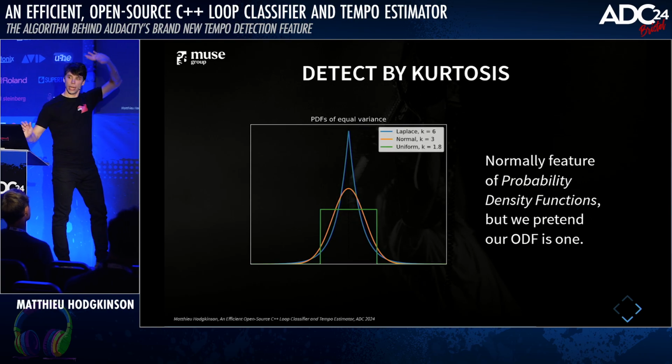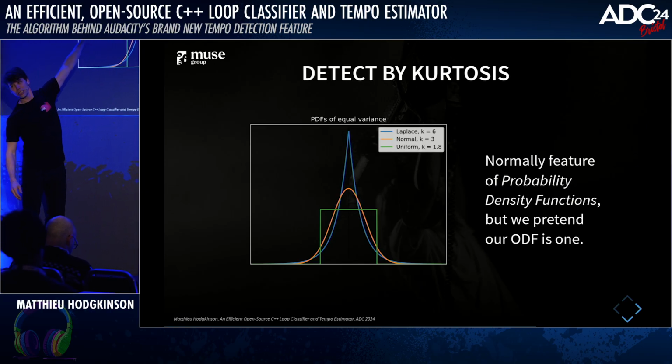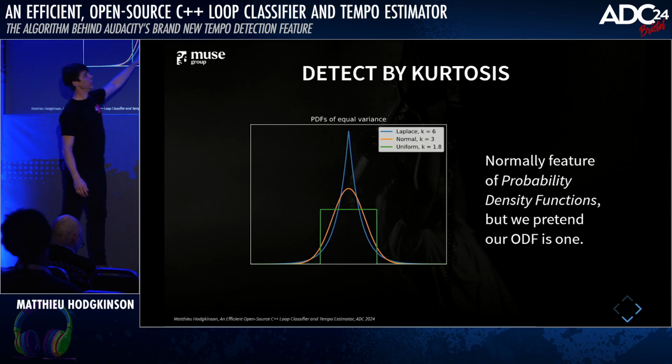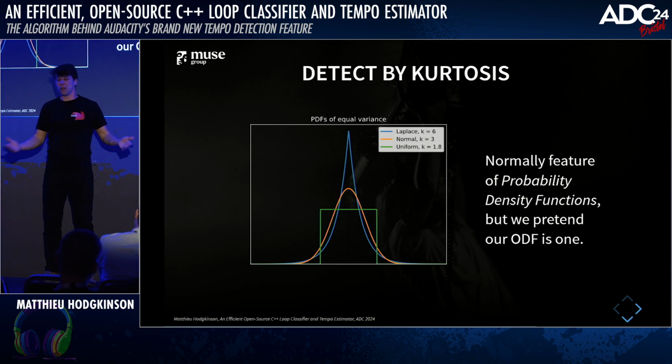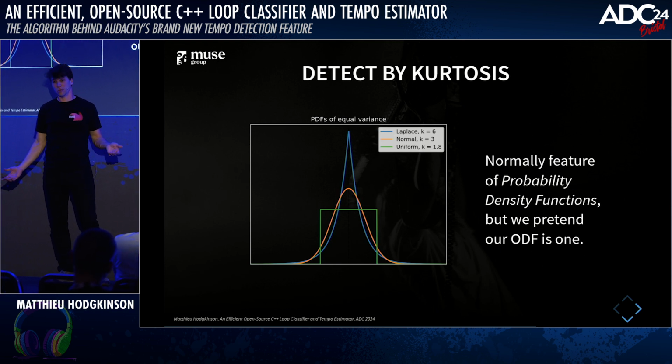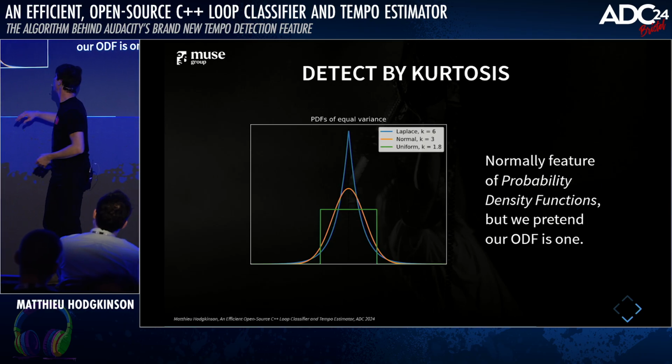And what I imagined, and which works quite well, is to use kurtosis. It's normally a feature of probability density functions, but we can act as though our ODF were a probability density function and see how it correlates.